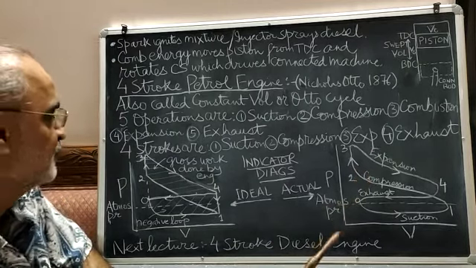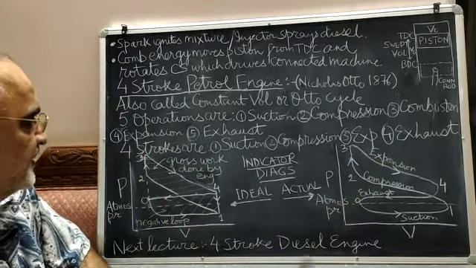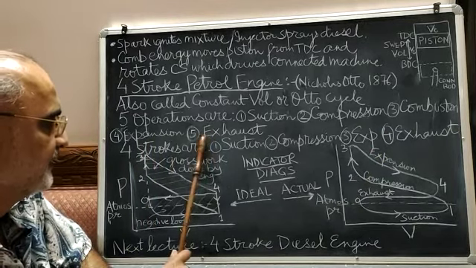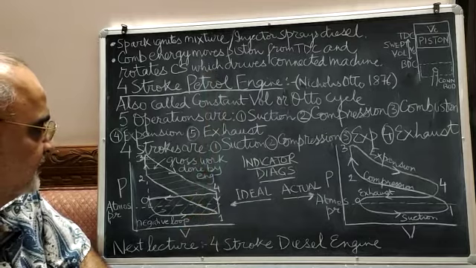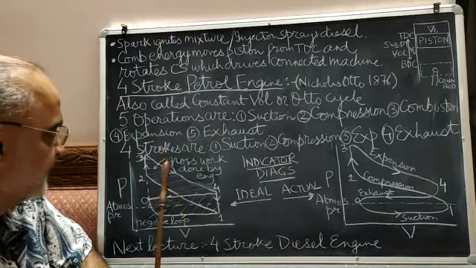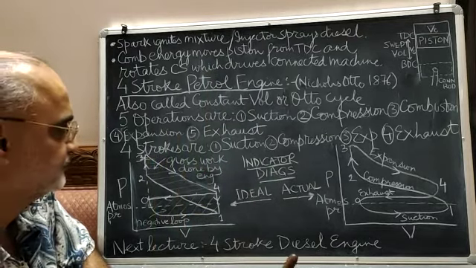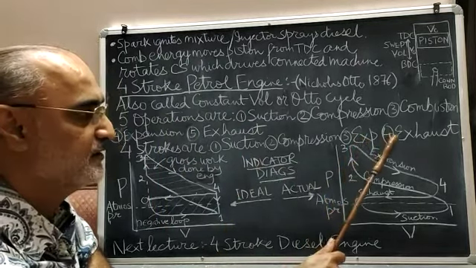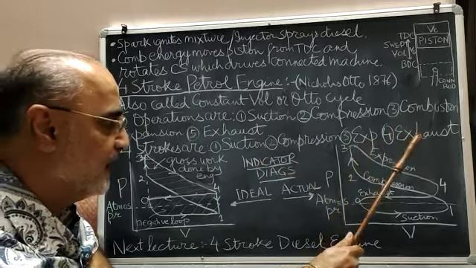That causes the piston to move down, and that is called the expansion stroke. And finally, the exhaust. These are the operations, but the strokes are only 4: suction, compression, expansion or power stroke, and exhaust.